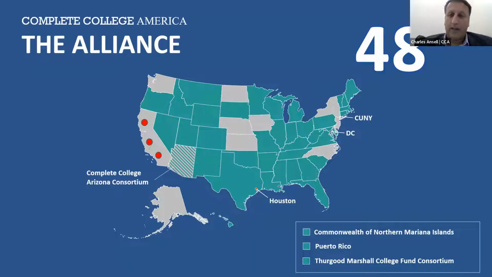And so I'm going to go really quick through this, but this is our alliance. Typically, we work with our alliance members, 39 states, 9 other members. So an example of a member that's not a state is the CUNY system or Washington, D.C., where there's not necessarily a state or a state representative, but there are alliance representatives, as would also be the case with Puerto Rico.